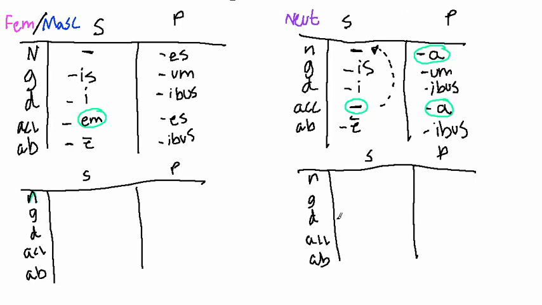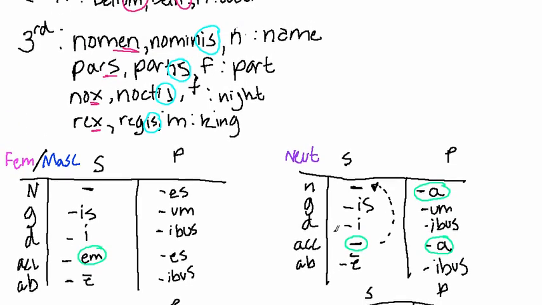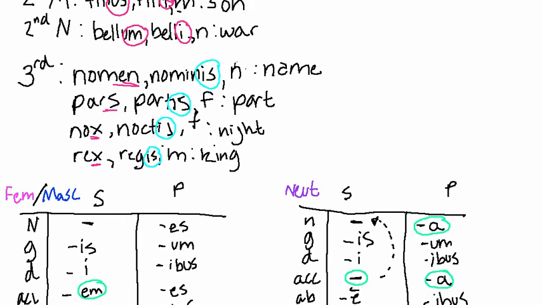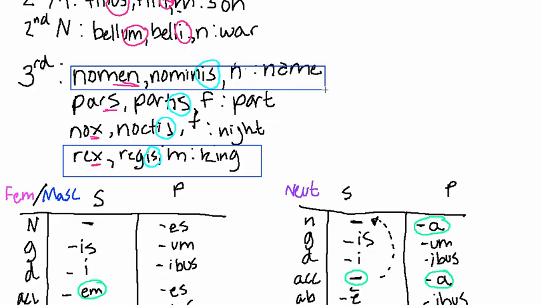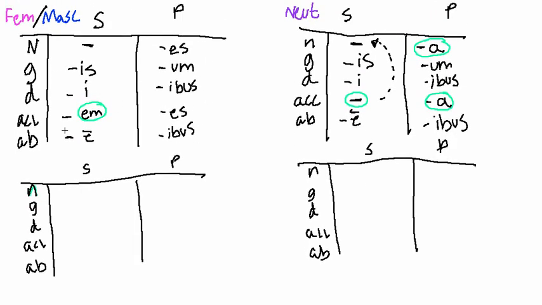Okay, so now let's just refer back to our nominative, our dictionary entry, and I'm just going to draw a box around the ones that we can decline. So I said I'll do a masculine, and I'll also do a neuter. So I'll do nomen, and I'll do rex. Okay, and I'll leave these endings in the frame so that you can refer back to them.